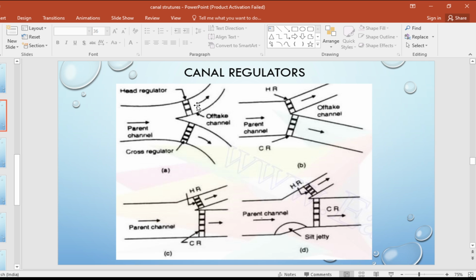So the alignment of this offtake should be very carefully designed.